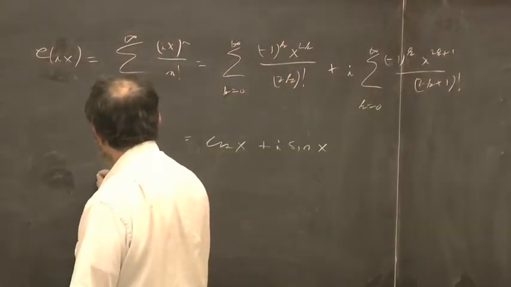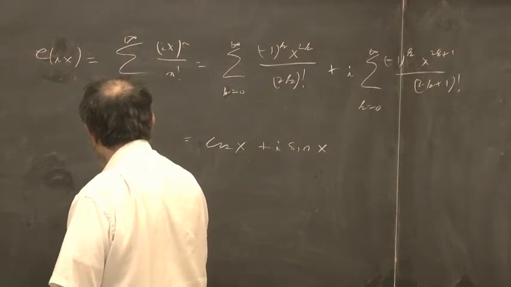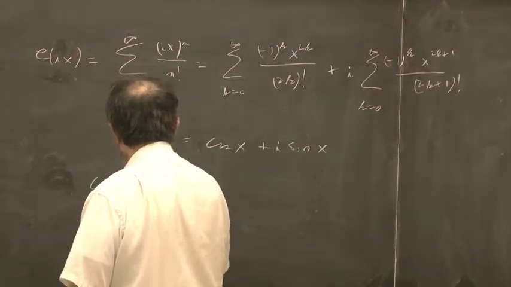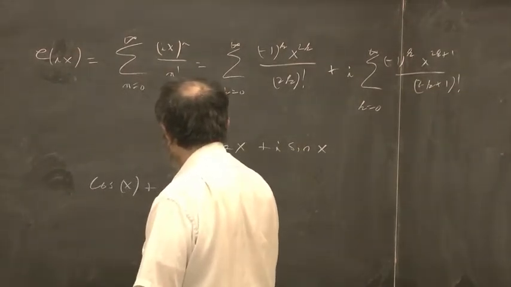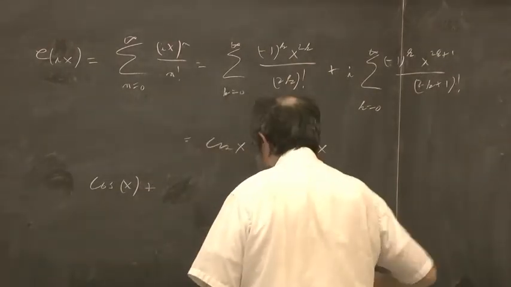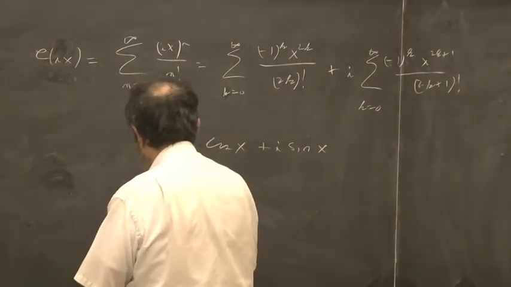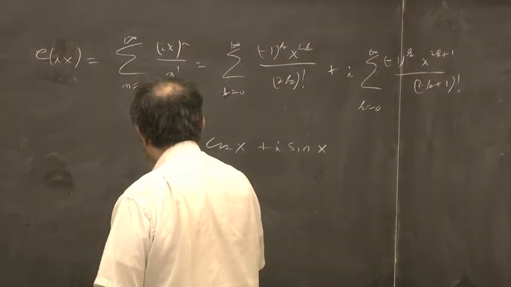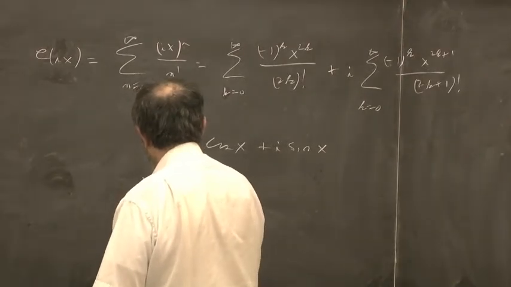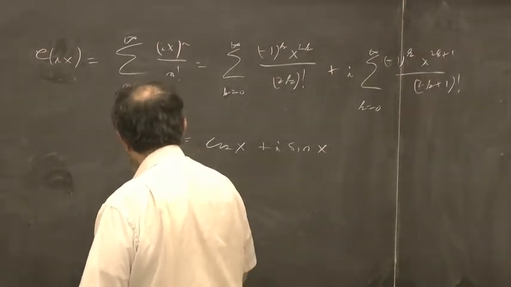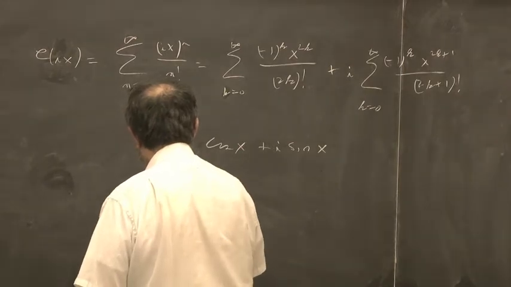So the way to do that is, if we do e to the ix plus e to the minus ix over 2.